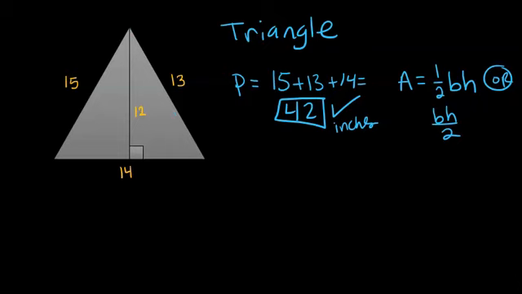Both of those are the exact same thing. You're always going to get the exact same answer for both of them. So what does that mean? The base is the bottom. The height, as we mentioned, is this part right here. So what we're going to do is half base times height. So let's see.